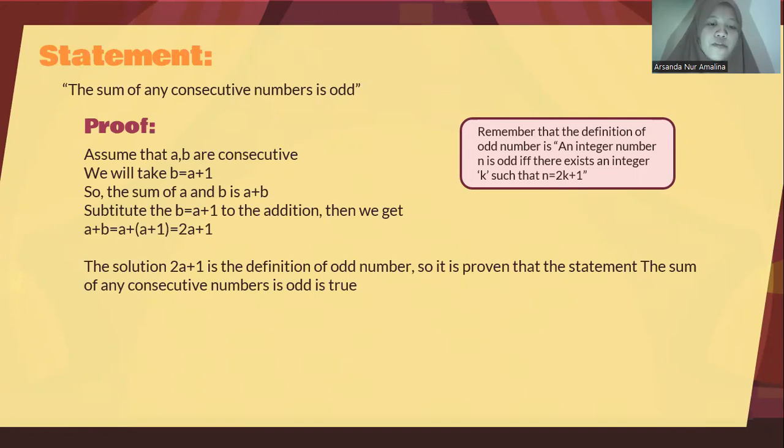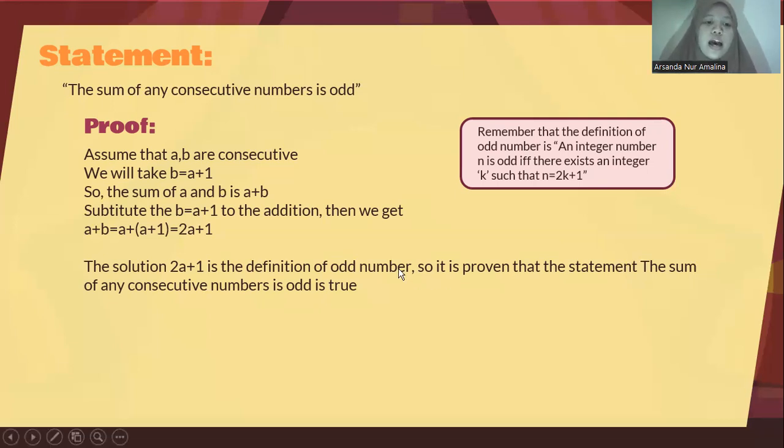Then the sum is A plus B. We substitute B equal to A plus 1 into the addition A plus B. Then we get A plus B equal to A plus A plus 1, equal to 2A plus 1. Remember that the definition of an odd number is: an integer n is odd if and only if there exists an integer k such that n equals 2k plus 1.